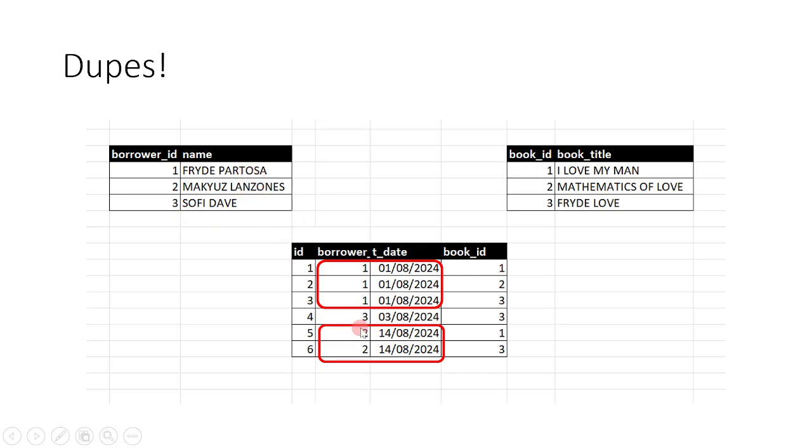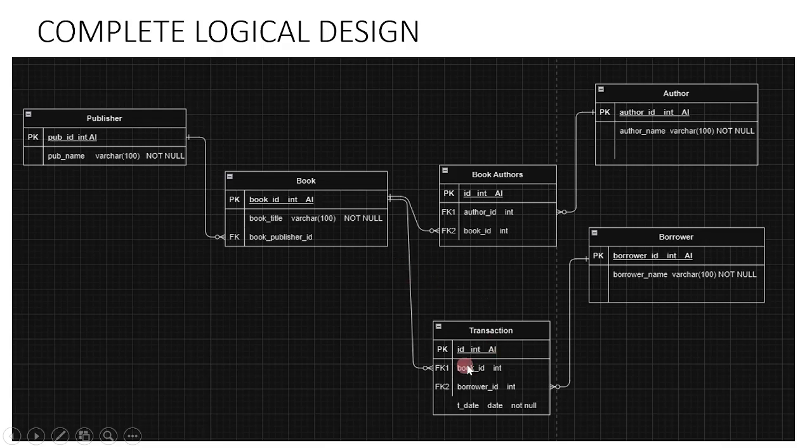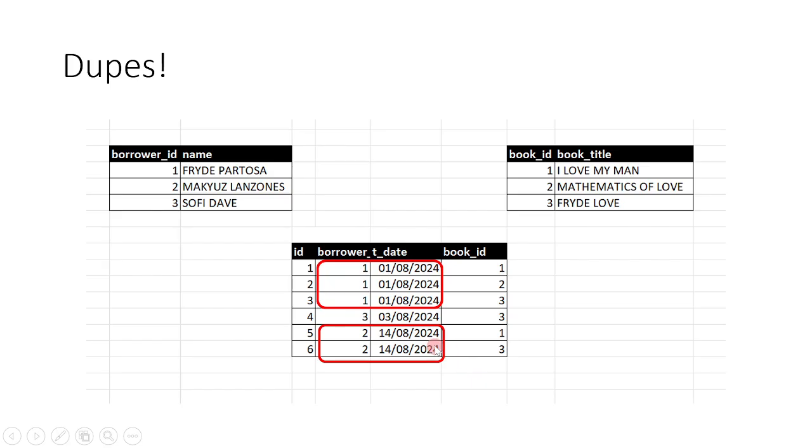Then Sophie Dave borrowed 1 book, and Marcus Lanzones borrowed 2 books. By the way, this table is the same as our transaction table here.